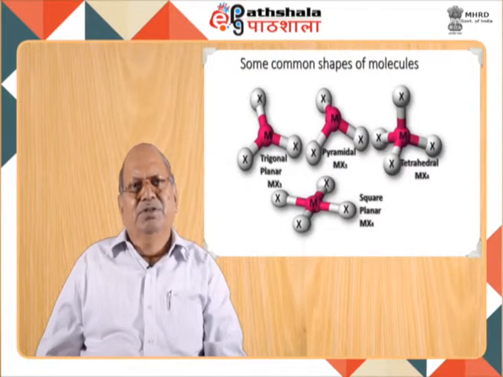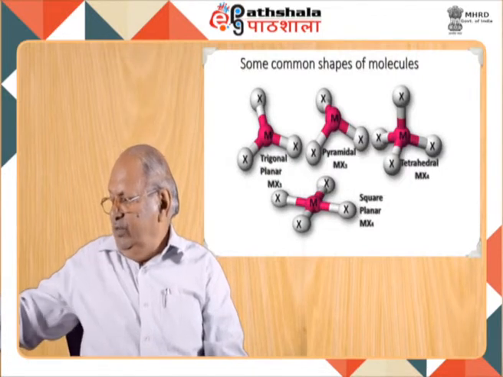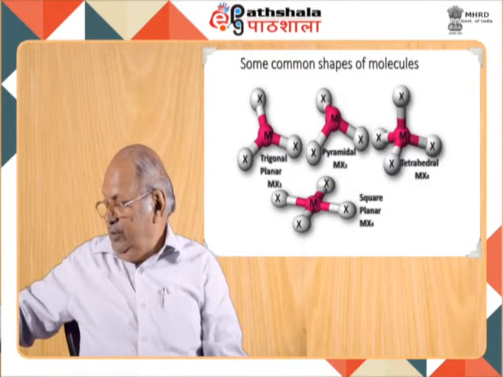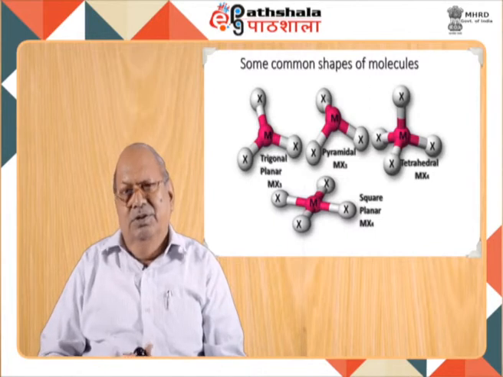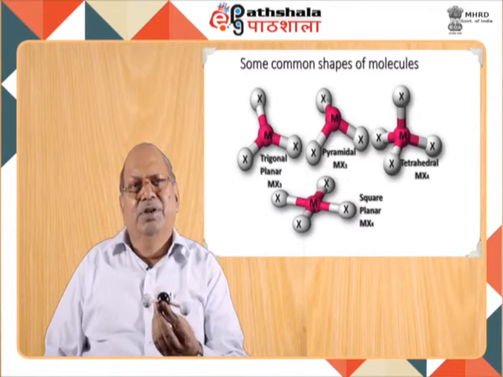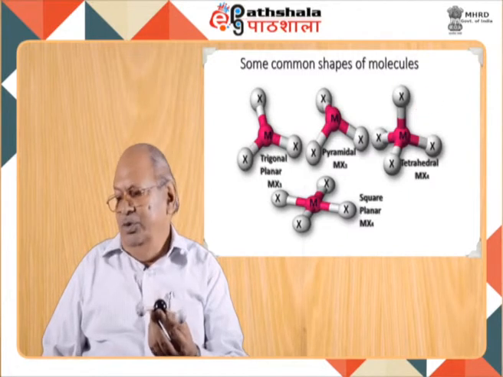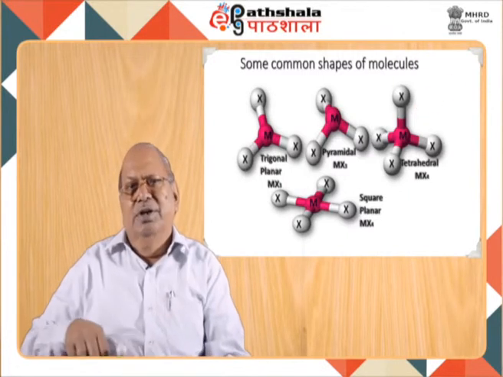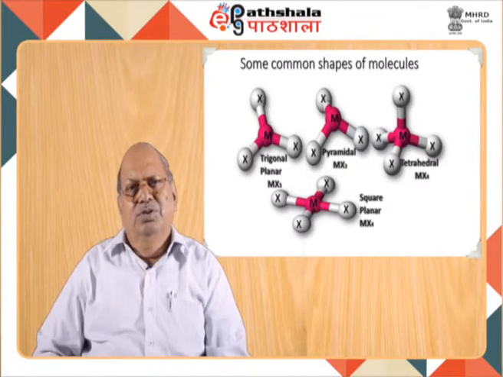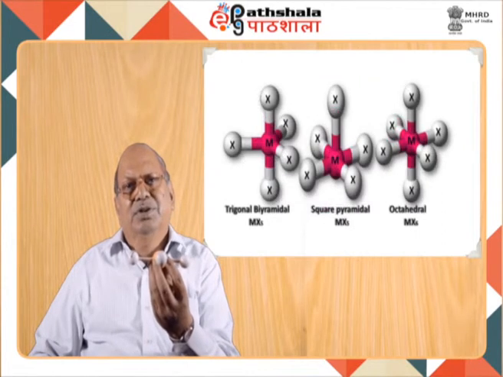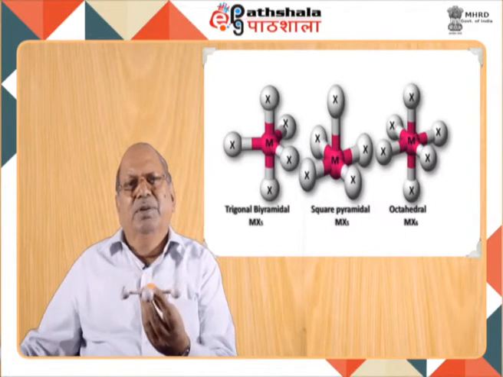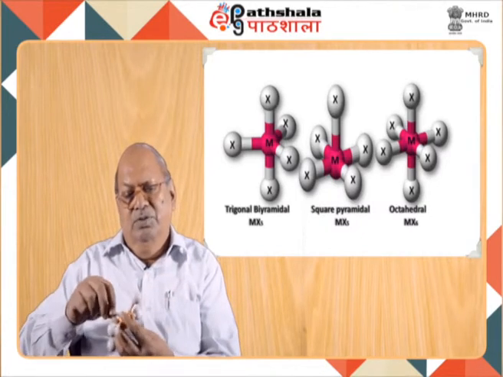Let us, for example, show some of the shapes of molecules. We can have a planar molecule of MX3 over here. This is my MX3 planar molecule. Tetrahedral MX4 is well known to you, and the square planar molecule is shown over here. Now MX4 is this type. Now the MX5 molecule can be trigonal bipyramidal or square pyramidal.